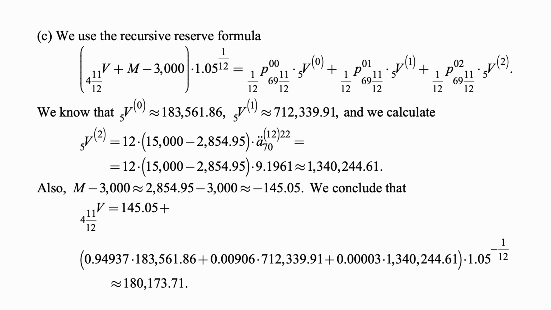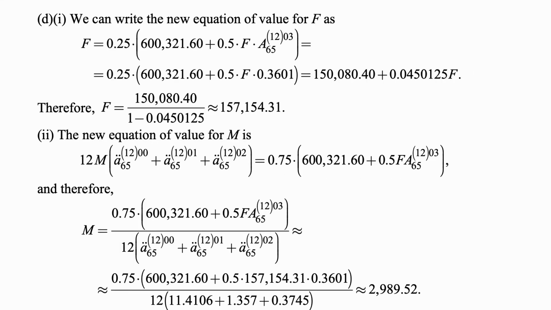And then if we move M minus 3,000 to the other side, the negative becomes positive. So that's why we have this 145.05. So basically we solve this as an equation in which 4 and 11/12 V is the unknown. And the answer is 180,173.71.